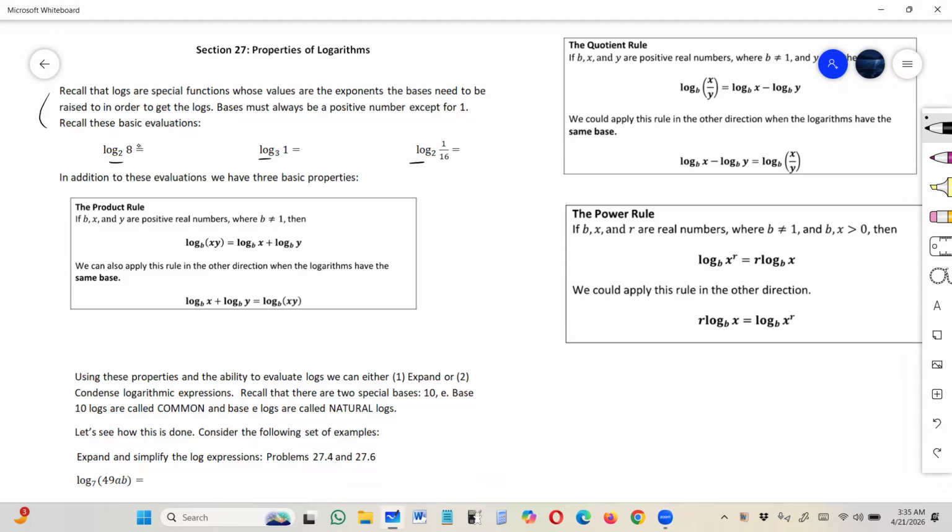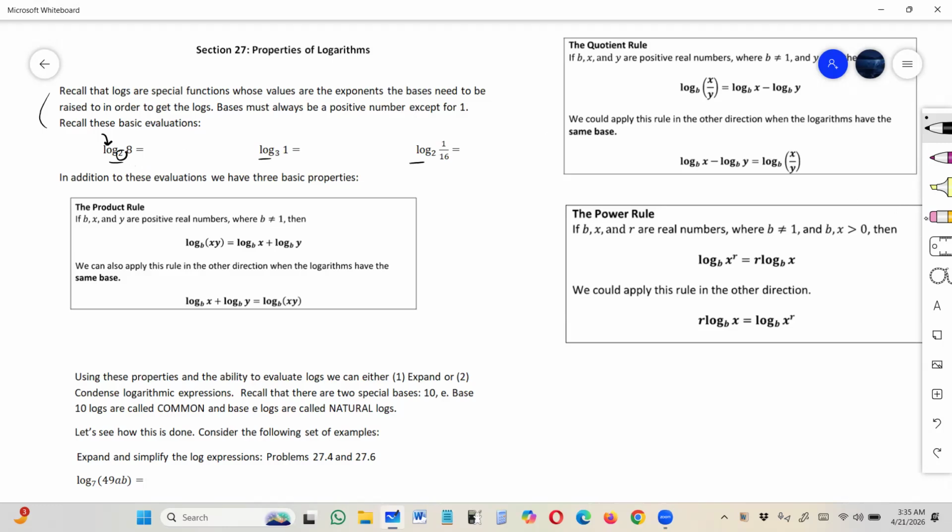I have three examples here. The concept was we have this new log function, and the log function always has a base. The base has to be a number that is positive, but not one. So any positive number other than one serves as a base.